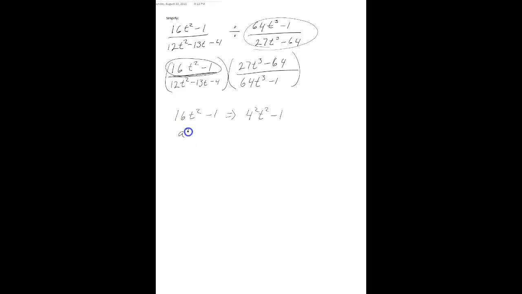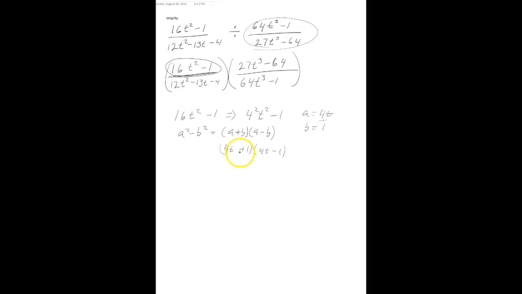Remember, a squared minus b squared is equal to a plus b times a minus b. So a is 4t and b is equal to 1. So we have a plus b, 4t plus 1, times a minus b, 4t minus 1.